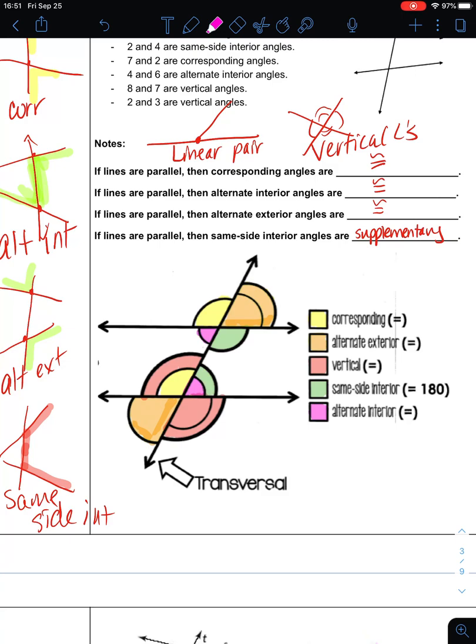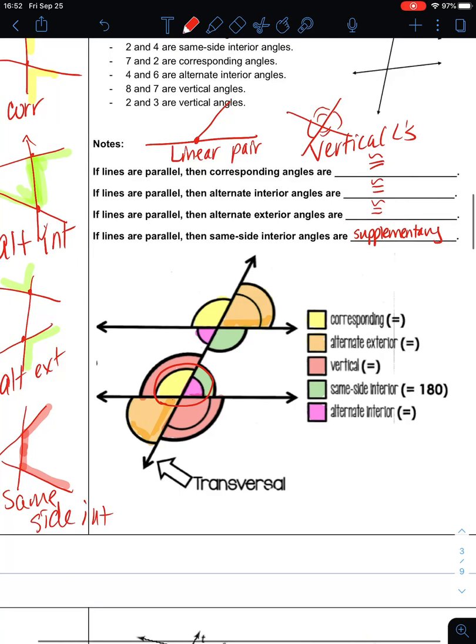Now, I said that I would go back and explain why same side interior angles are supplementary. They are supplementary because of this right here. Look at this pink and this yellow angle. Those form a linear pair, so they add to 180 degrees. If we look here, we've got another set of pink and yellow angles.